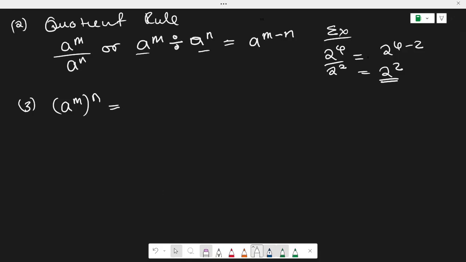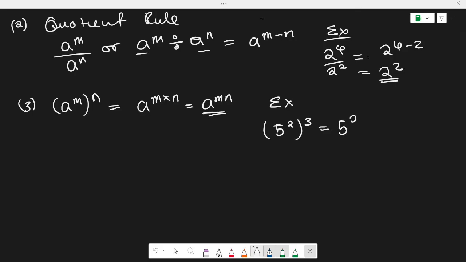You find that this is the same as a to the power m times n, or a to the power mn. For example, let's say we have 5 to the power 2, with 3 on the outside. This would be equal to 5 to the power 2 times 3, which is equal to 5 to the power 6.